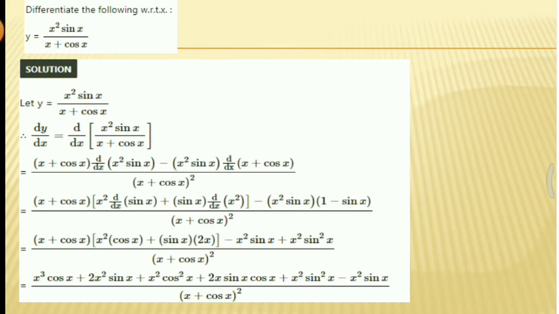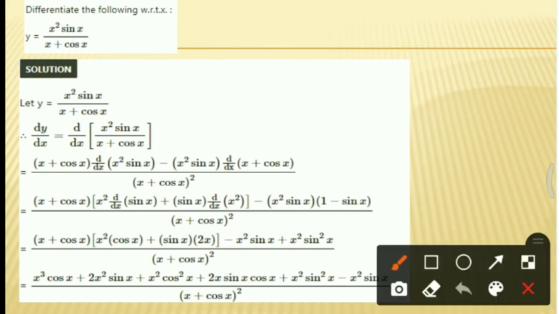Now actual differentiation, see here, x plus cos x as it is.